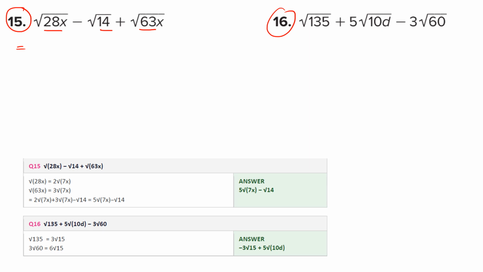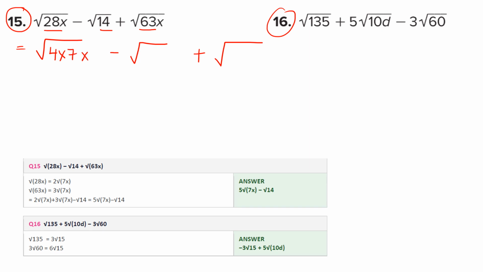So let's simplify using the calculator. When you do it on the calculator, you may get a decimal or a little answer which is not so correct. So I want you to be careful and look at how I am solving with the steps. I'm going to take the common factor 7 and write. So 28 is 4 times 7.